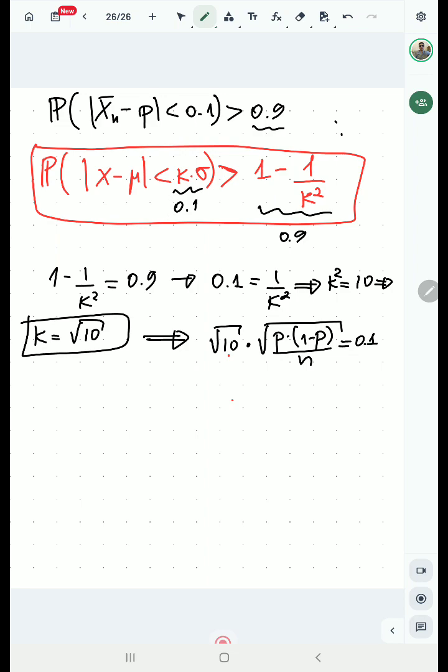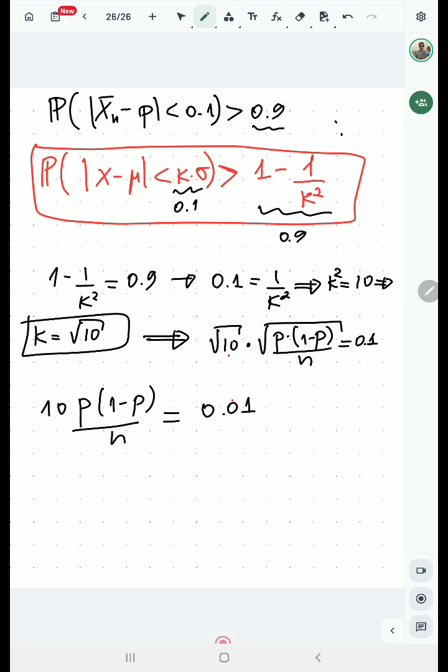So k sigma is equal to 0.1. And if this is the case, then if you take the square of both sides, it's going to be equal to 10 times p times 1 minus p over n is equal to 0.01.